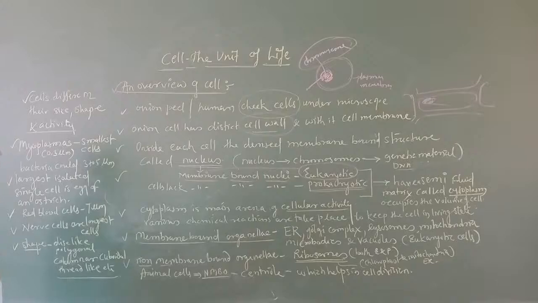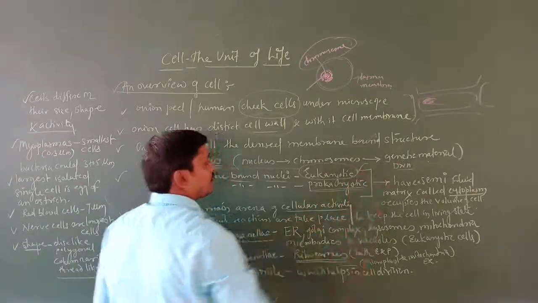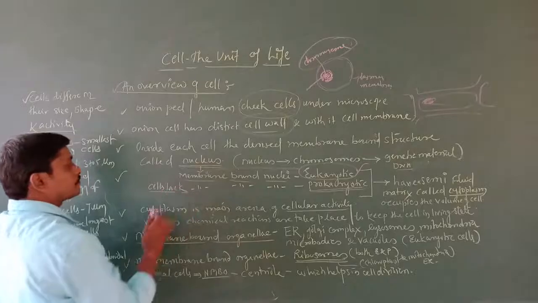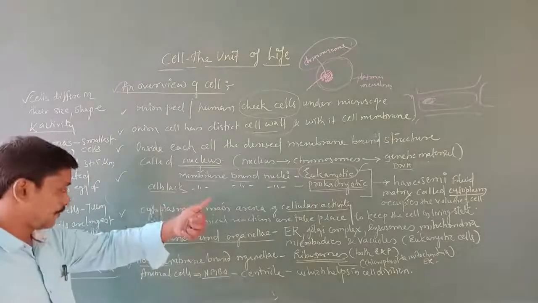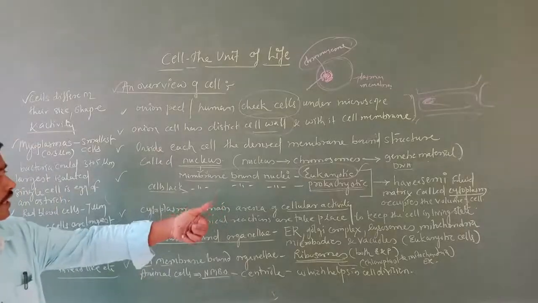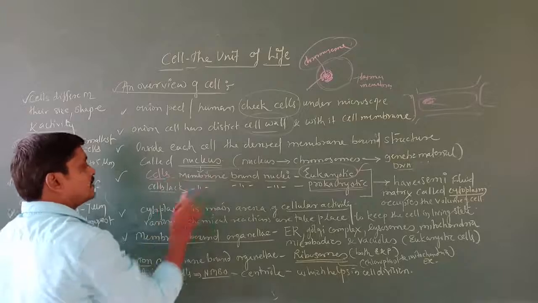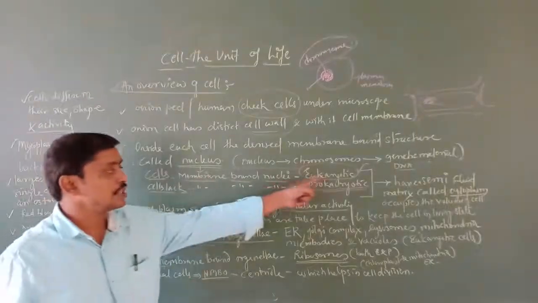True nuclei in the sense that the nucleus is covered by a membrane, and those organisms we call eukaryotes. Eukaryotic in the sense that the cells have a membrane bound nucleus within them. Those are called eukaryotic.